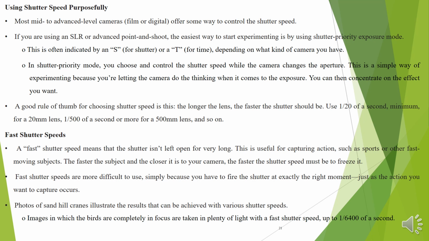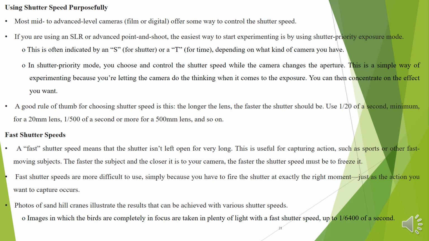This is often indicated by an S for shutter and T for time, depending on what kind of camera you have. In shutter priority mode, you choose and control the shutter speed while the camera changes the aperture. This is simply a way of experimenting because you are letting the camera do the thinking when it comes to the exposure. You can then concentrate on the effect you want.